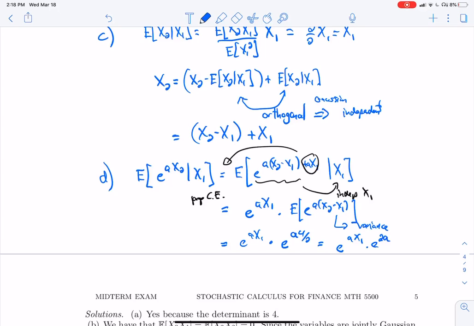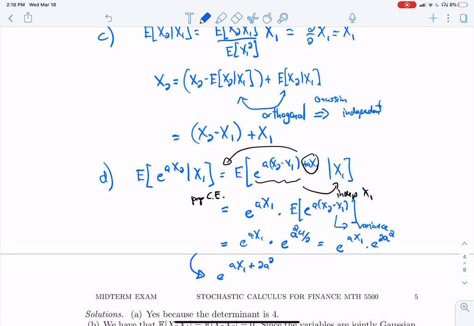So what's the distribution of this? This is e^(a x1 plus 2a squared).